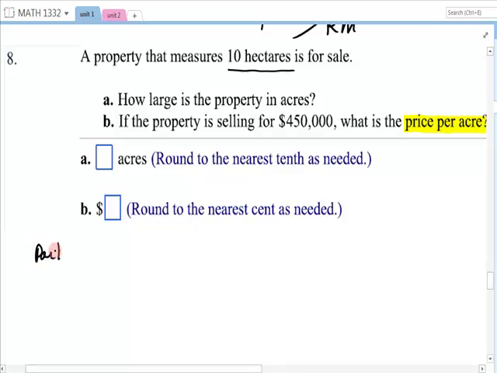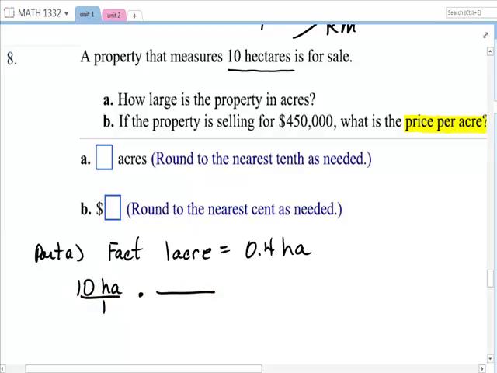Okay, part A. I have a fact, 1 acre equals 0.4 hectares, abbreviated HA. All right, I am given 10 HAs, put it over 1, multiply it by 1 acre on top, 0.4 hectares on bottom.